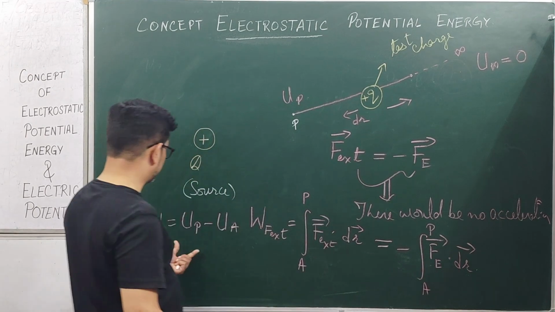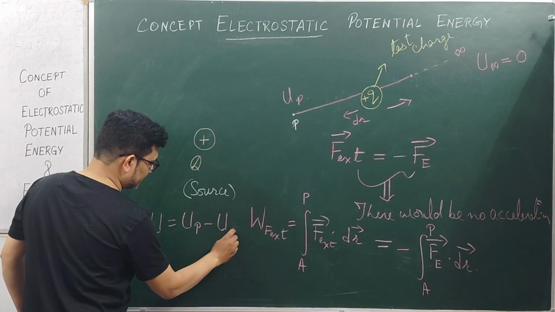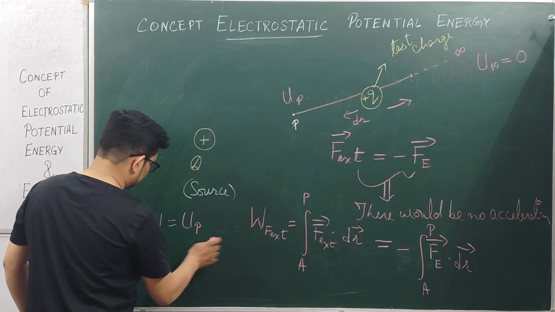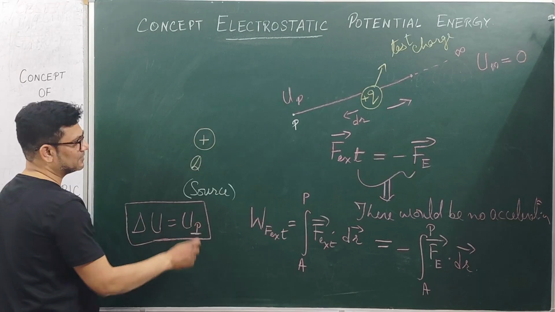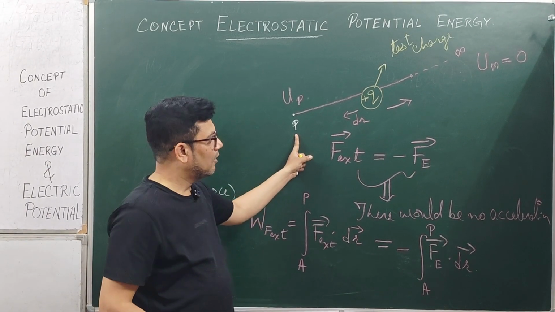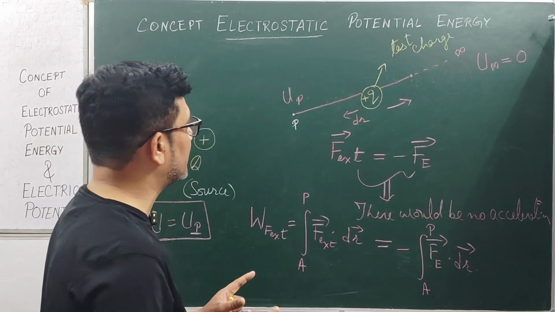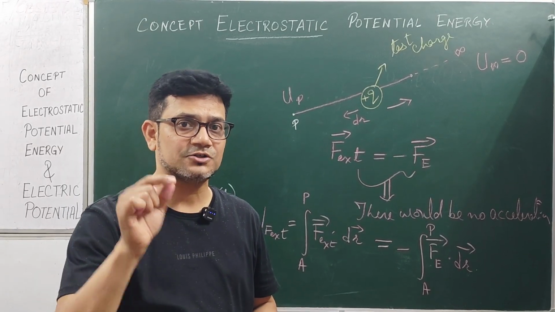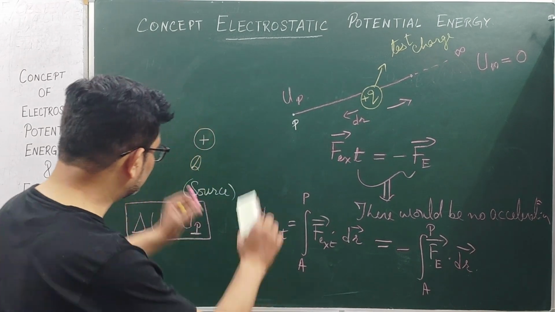So our equation would be modified with infinity, and the potential energy at infinity is going to be 0. So the change in potential energy is just the potential energy at this point. From here, the concept of electrostatic potential energy, that is the potential energy of a charge at a point, is defined in that way.